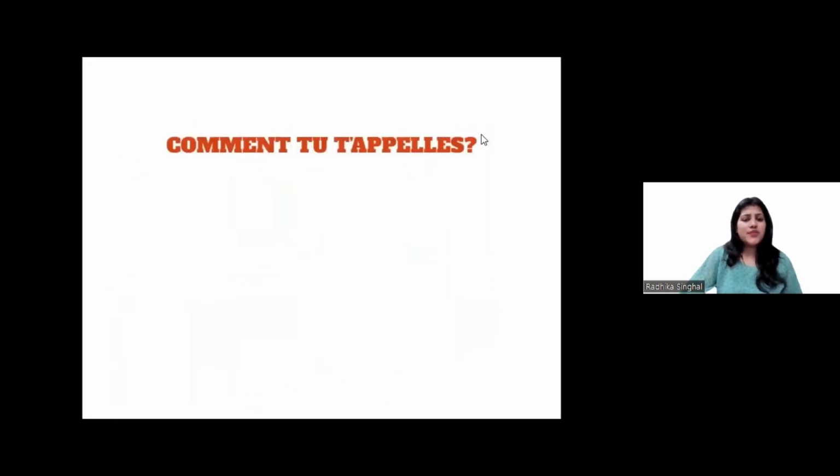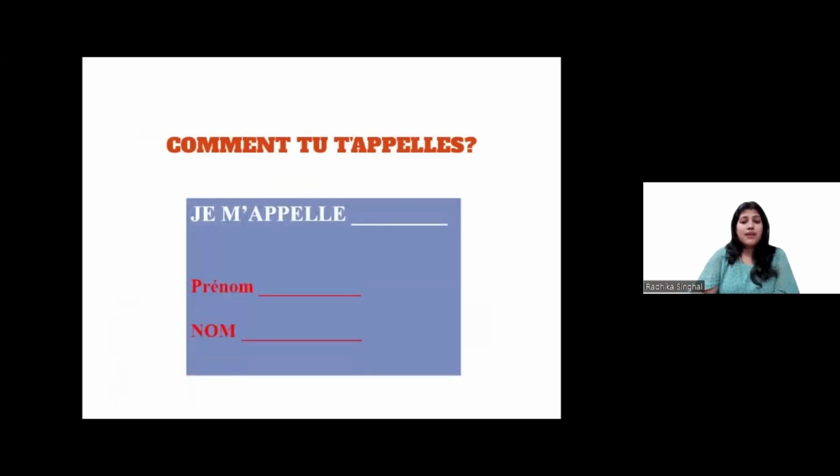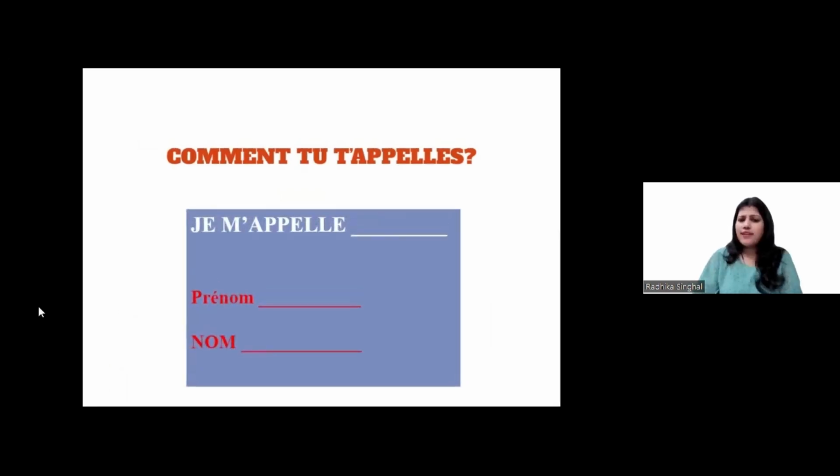So, small task for you. Comment tu t'appelles? Can you write that down for me in your note? Confused ho rahe ho na? Let me give you an example right here. Je m'appelle Radhika Singh. First name first, last name last.